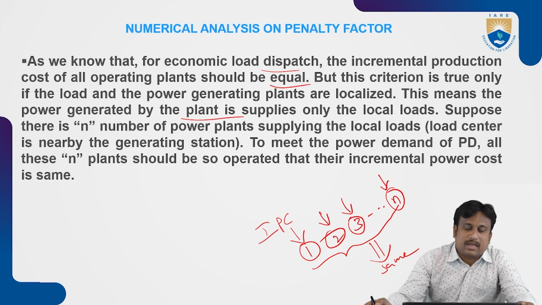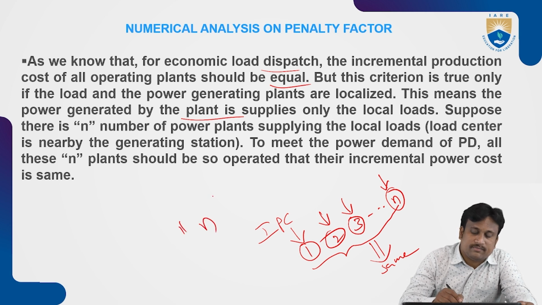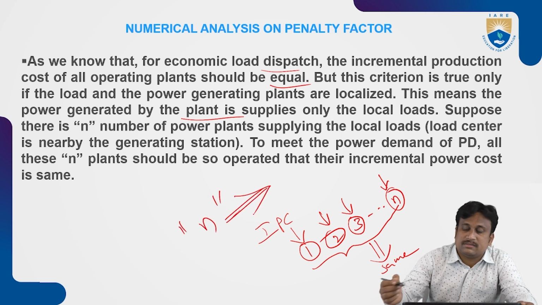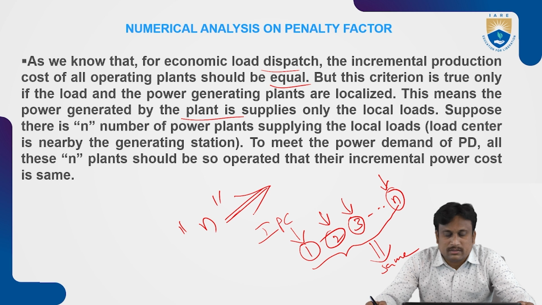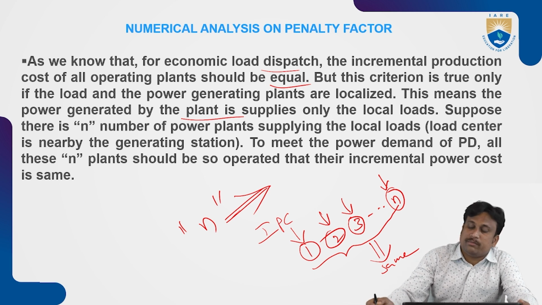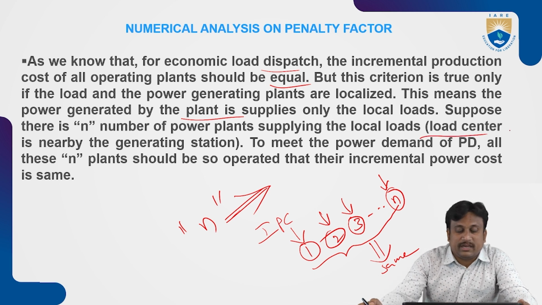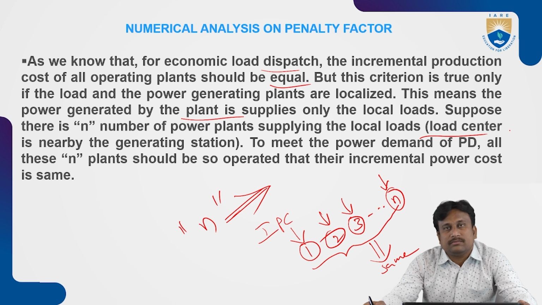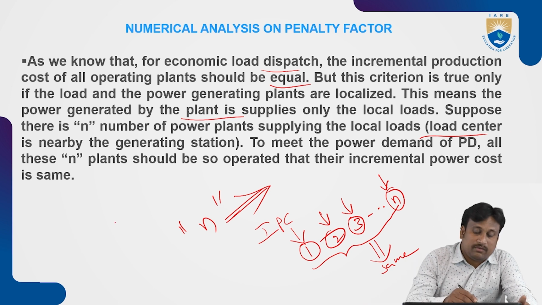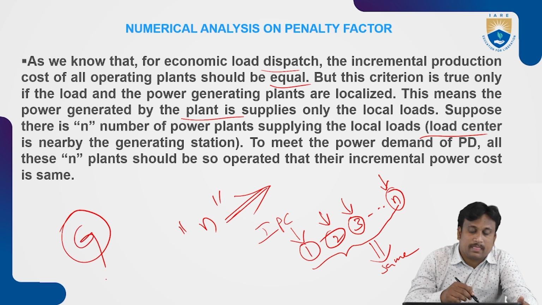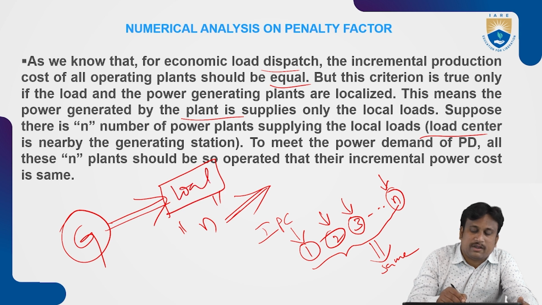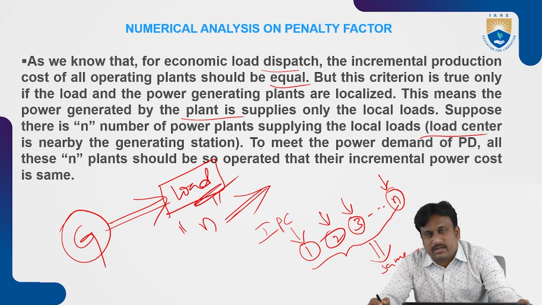Suppose there are n number of power plants supplying the local loads. That means the load center is nearby the generating station. If the generating station is nearest to the load center, there will be much more advantage with this condition. Why?